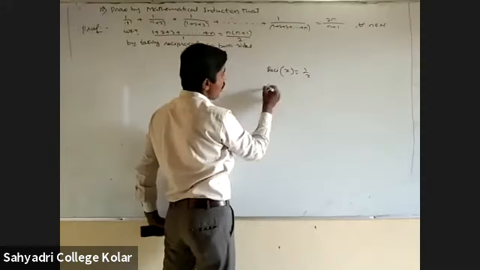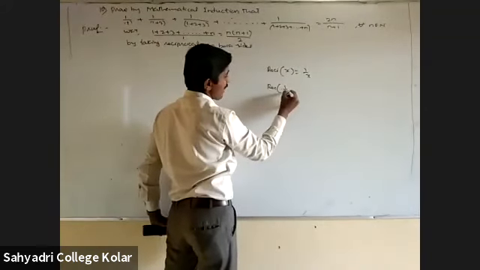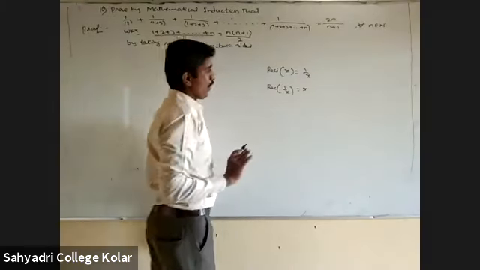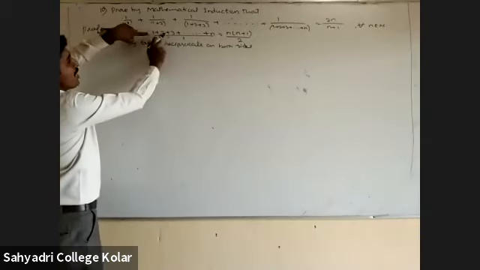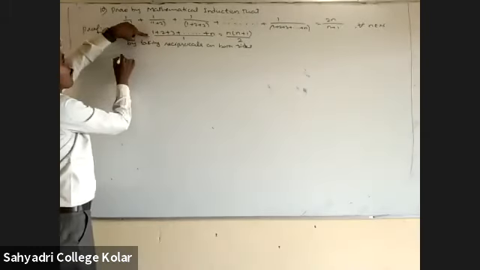What is the reciprocal of x? 1 by x. What is the reciprocal of 1 by x? It is x. We know that. So I am interchanging numerator and denominator.